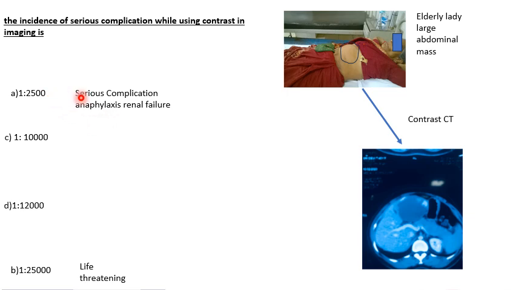Now, serious complication is 1 in 2,500 and life-threatening is the other number. Your question was, what is the serious complication? So this is your right answer. If they change the stem to life-threatening, then you need to go with this particular numerical.